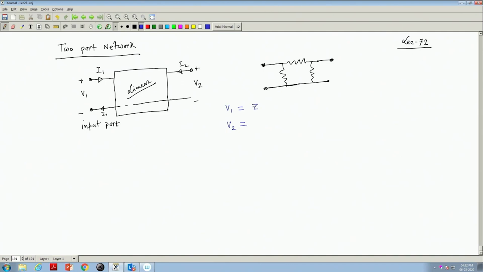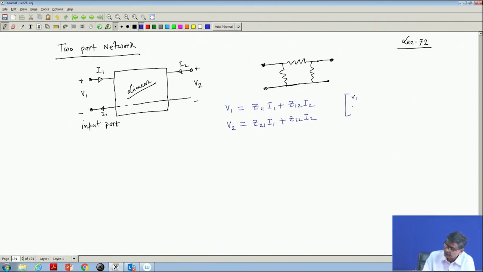We told you that V1 equals Z11 I1 plus Z12 I2, and V2 equals Z21 I1 plus Z22 I2. Then it is called the Z matrix, and it can be written in matrix form: V1, V2 is equal to Z11 Z12 Z21 Z22 times I1 I2.